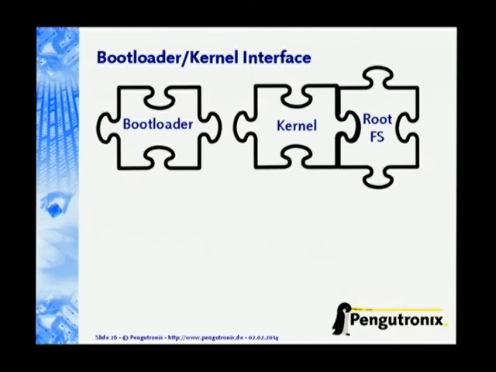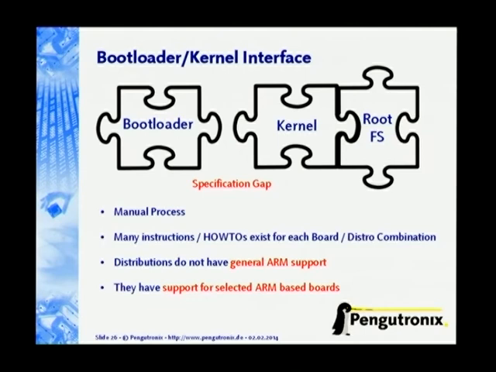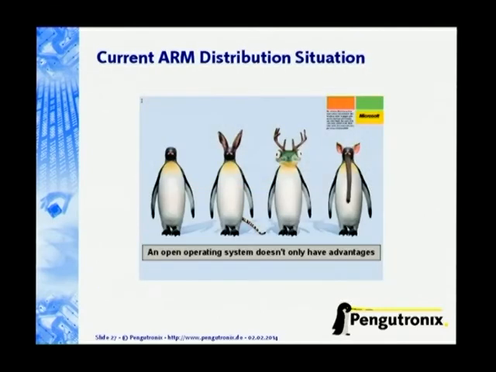Here is where we have this gap between the bootloader and the kernel. And there's nothing which is unified in that area so far. So it's basically a manual process, as I told you, with a lot of reading, and in the end, the distributions do not have general ARM support for any board which is available, but just for selected ARM-based boards.